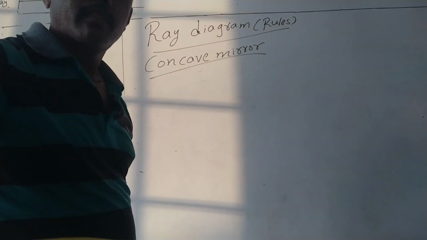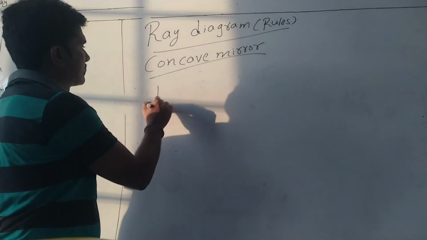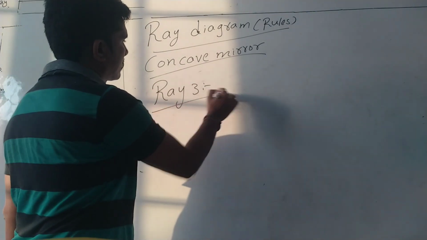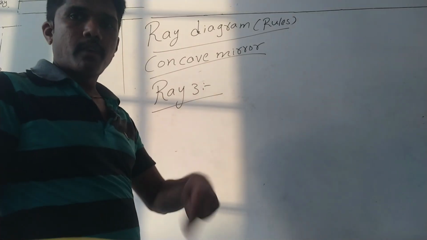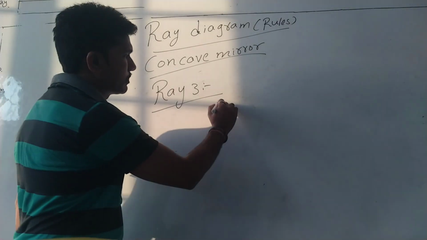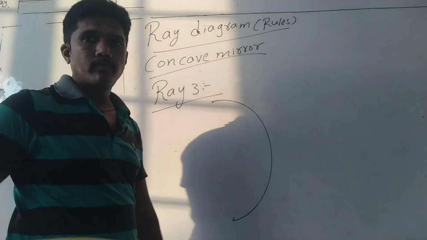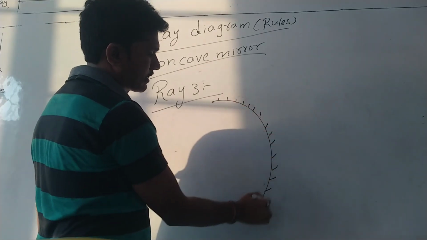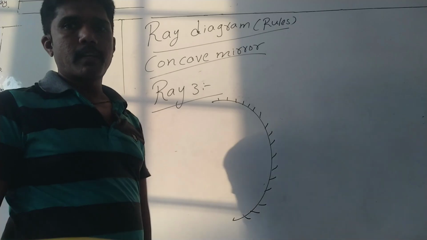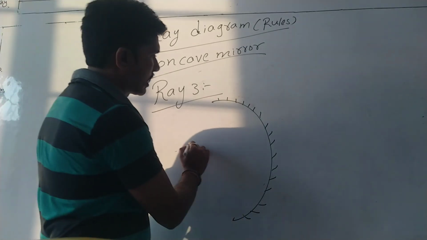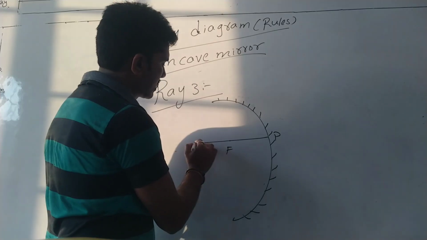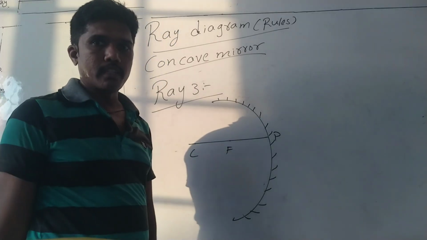Next, ray 3. What is ray 3? Ray 1 reversed. Ray 1 reversed means we can draw one diagram for the concave mirror. We draw one straight line, that is the principal axis, focus, center of curvature.